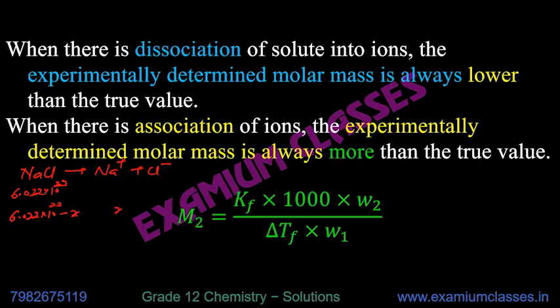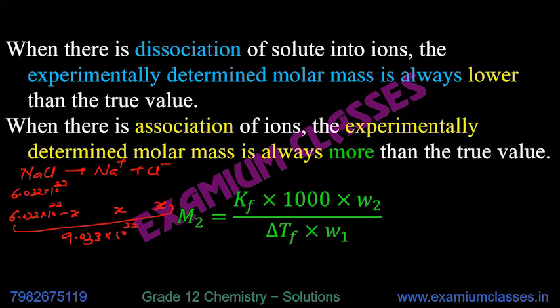And it will be X and X because the ratio is 1:1:1. So whatever dissociated, the same amount of sodium ion and chloride ion will be produced. And say the sum of all these particles is 9.033 into 10 to the power 23. I'm just giving an example.